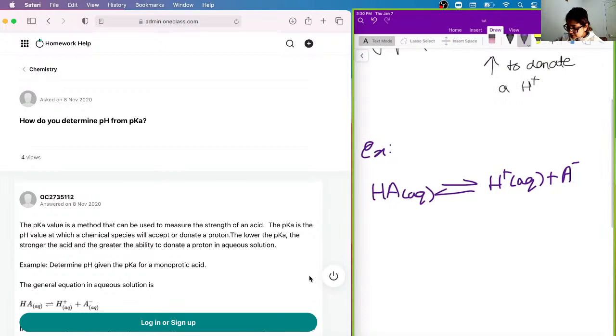If you're dealing with a buffer in this case, then you're dealing with a weak acid.